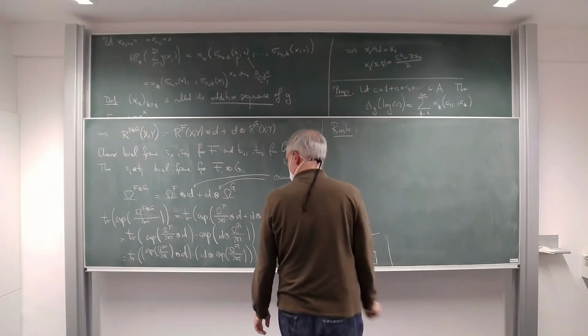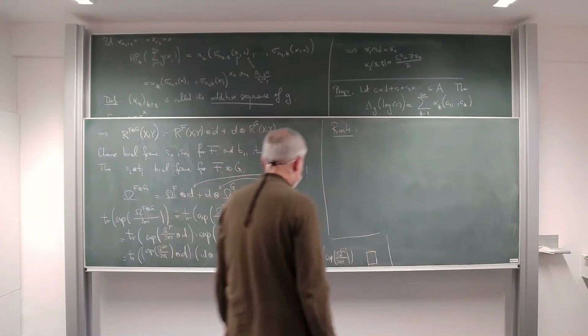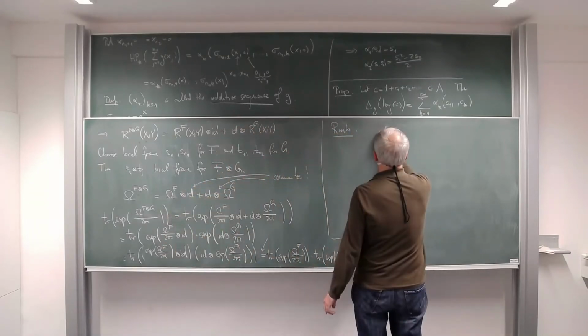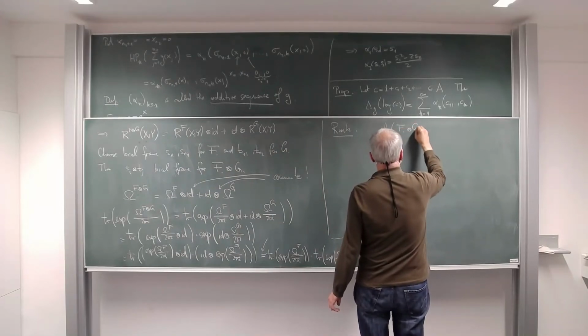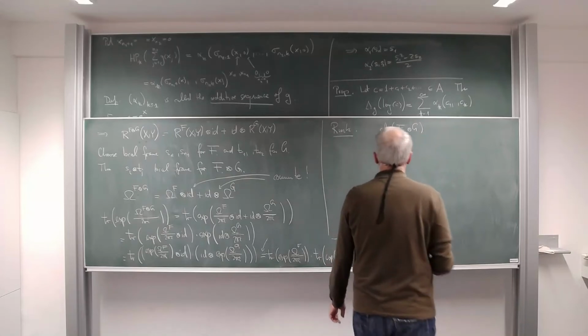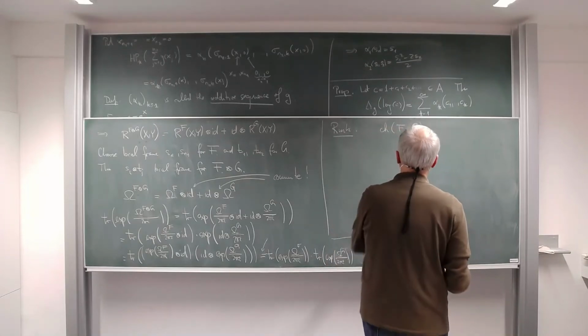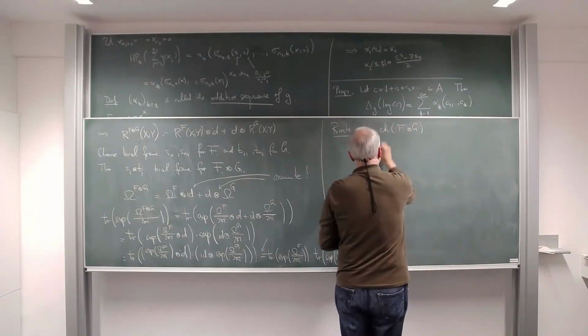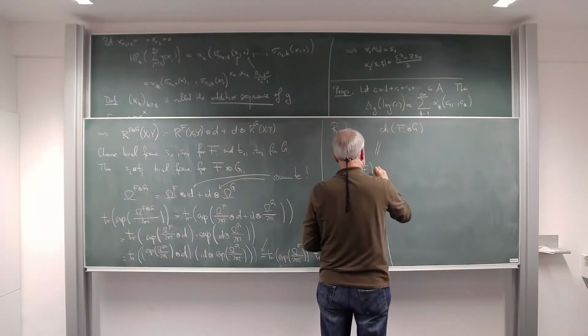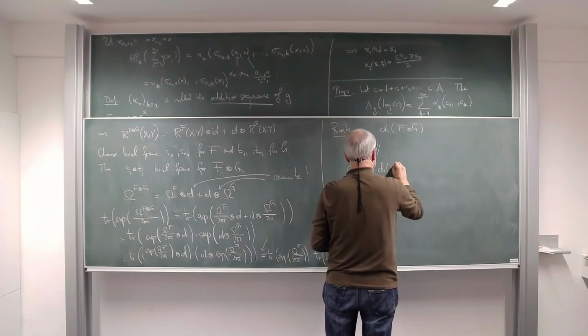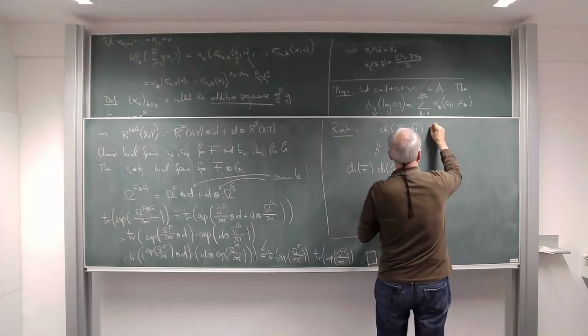So what this tells us, for example: if we take the tensor product of two bundles, then we have seen that this is the same as the product of the Chern characters. Now this can be expanded.